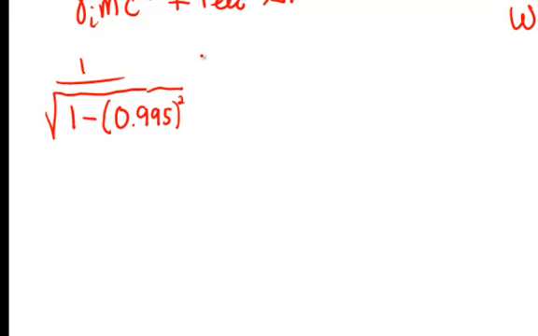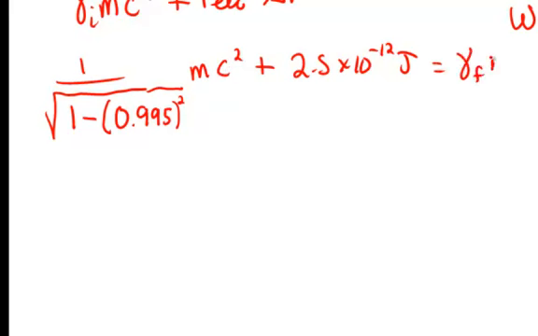Times the mass, c squared, plus 2.5 times 10 to the negative 12 joules. Mass of the electron, c squared, is equal to gamma final mc squared.